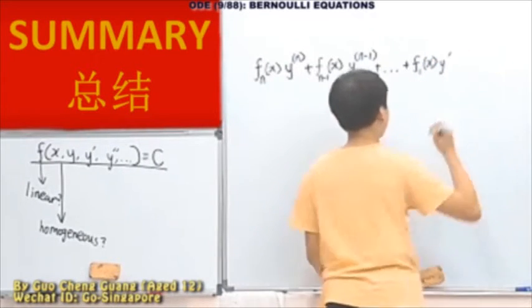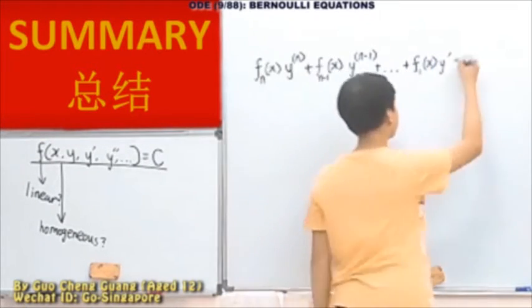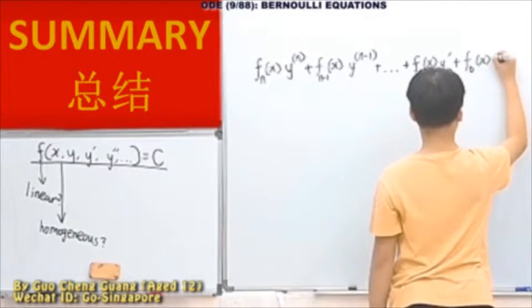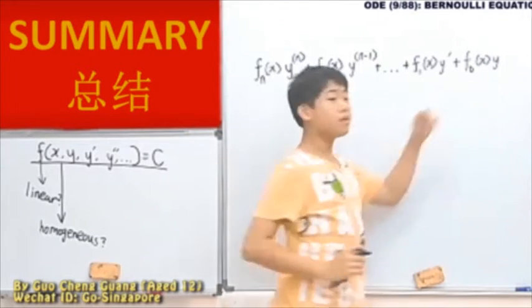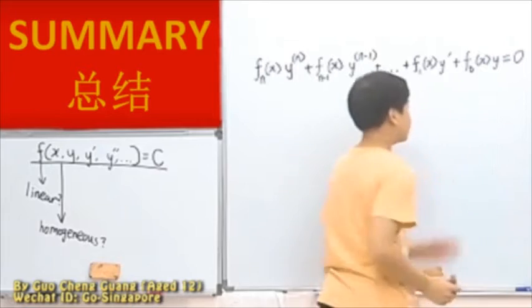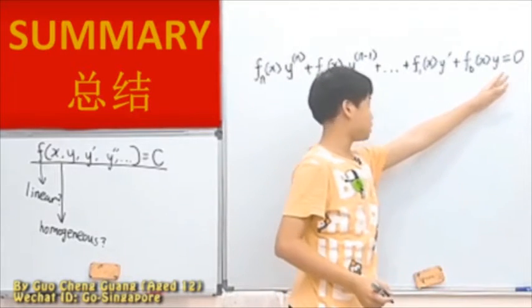Well, here it is still the first derivative of y, so then we still need to go on to f_0(x), which is still another function of x, and for this to be homogeneous it is 0.